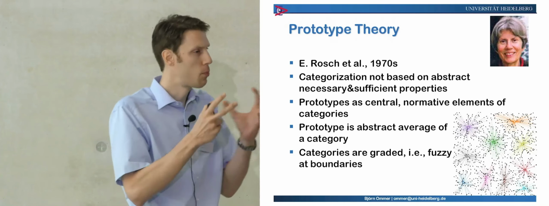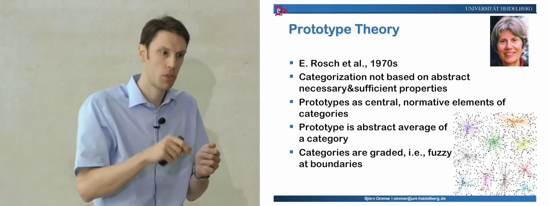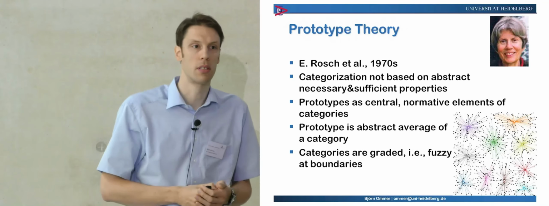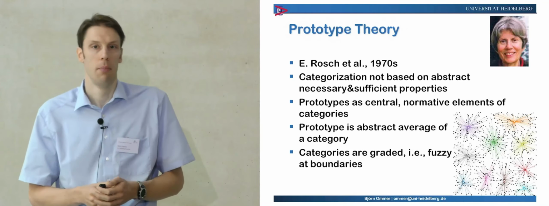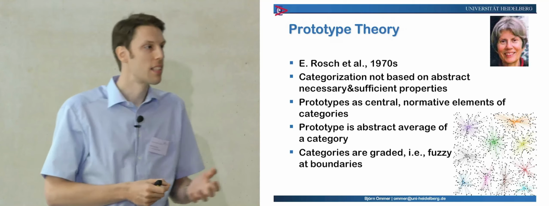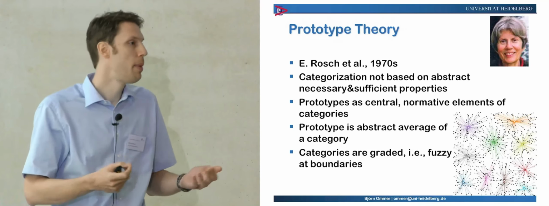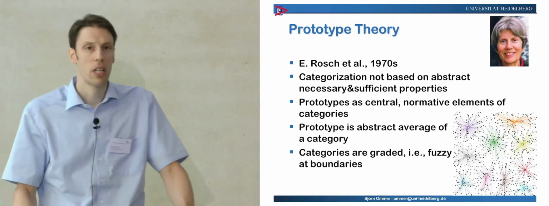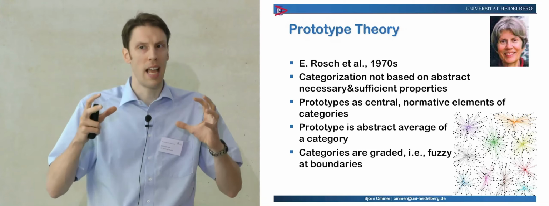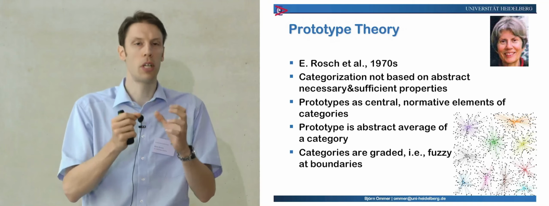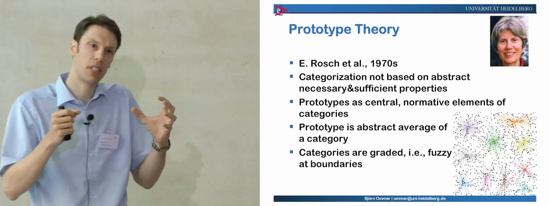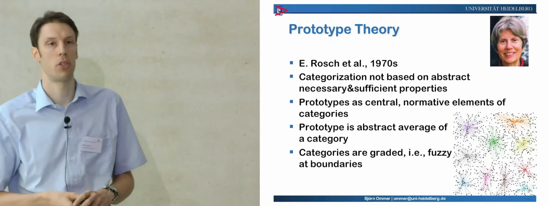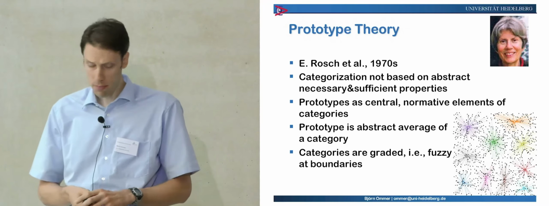They would probably come up with a rendering, at least in their head, or even draw it on a piece of paper, which looks a bit like a blackbird, for instance, or a sparrow. But it is much less likely that somebody would come up with a penguin, for instance, right? I mean, this is somewhat an outlier. So they figured out that people typically prefer an average representation. So if you can, you try to average all of the samples of a category in this average representation, and that's what people were striving for.